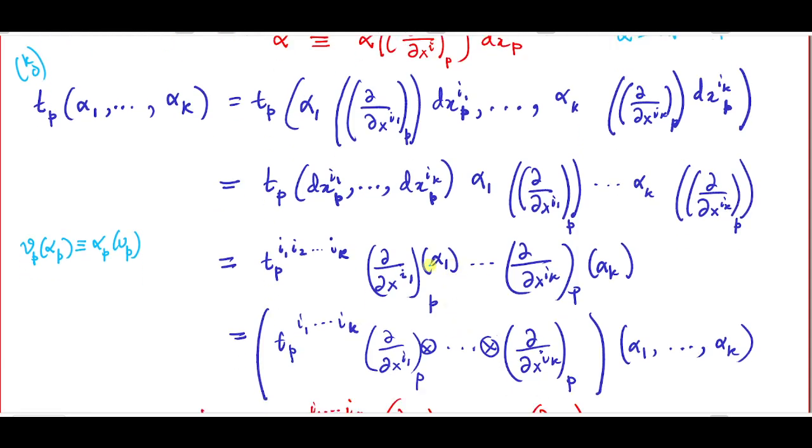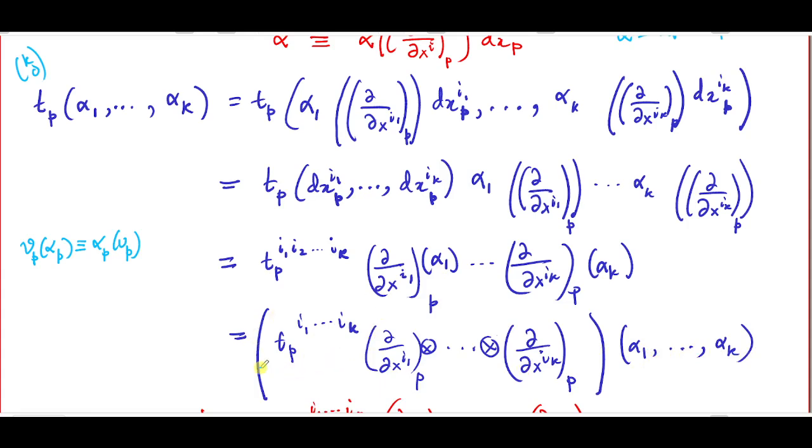Now, finally, according to the definition of tensor product of vectors, this simply becomes del xi1 at p tensor product with del xi2 at p through del xik at p acting on alpha 1 through alpha k, of course, with an overall weighting factor of Tp^{i1 i2 ... ik}.